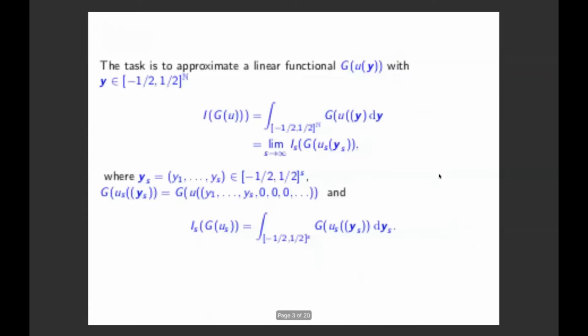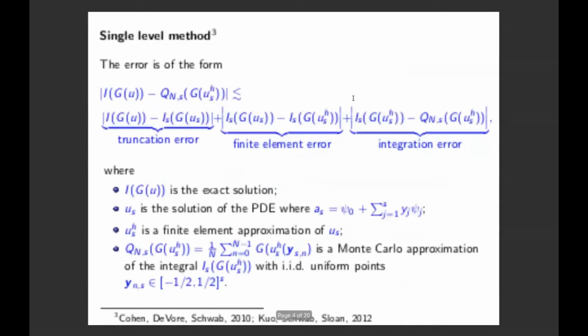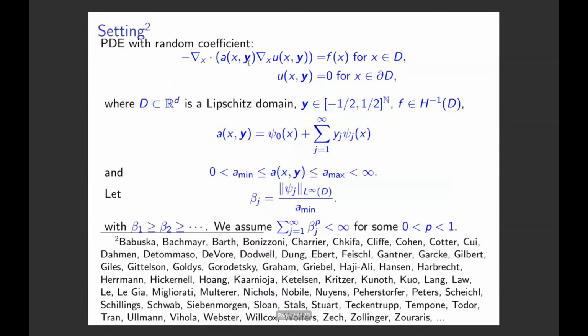Now, the goal is to approximate a linear functional of the solution u. So u is the solution of this PDE for some given right-hand side.